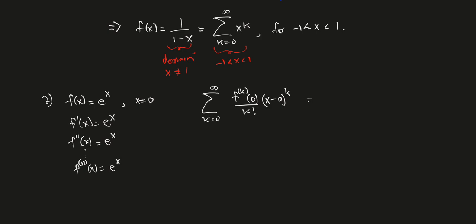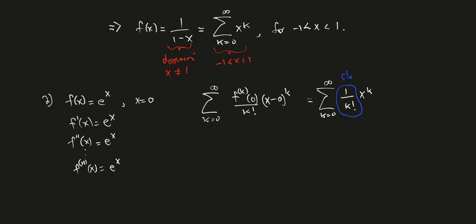So we'll have a 1 in that numerator. We'll have a k factorial there, and then this simplifies to x to the k. And there we go. So these are the coefficients now, and of course our center is at 0.